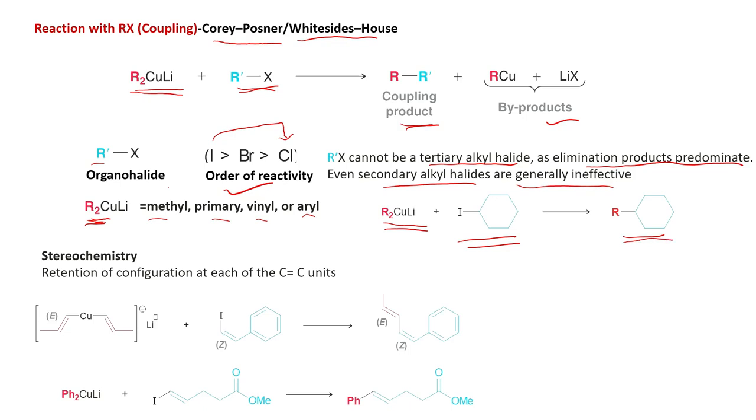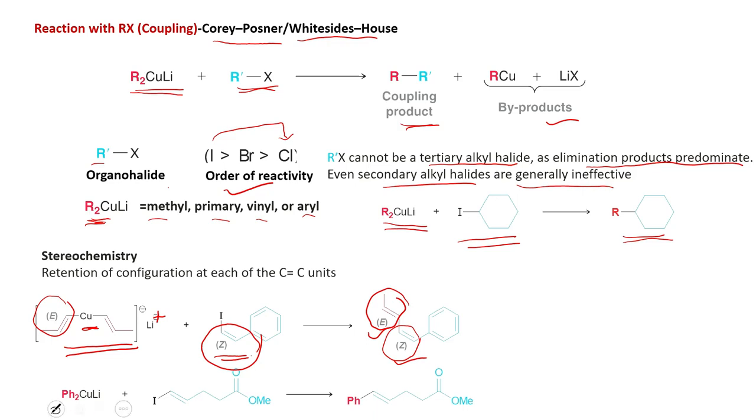Now we talk about stereochemistry. The stereochemistry will remain the same for both reactants. So your E will react with Z, and will give you E and Z. Your E part was with copper, so it is here, and the Z part was with the organohalide, so it will remain as Z. There happens to be no inversion of configuration.